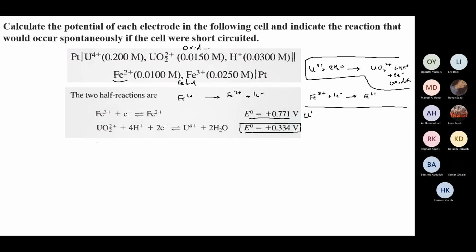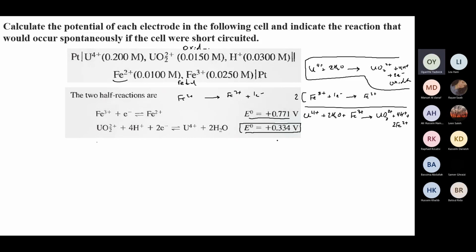So U4 plus 2H2O plus, I need to pay attention to the electrons. They must be balanced. I will multiply it by 2 to balance the electrons and remove them from the overall equation. Fe3 plus goes to UO2 2 plus, 4H plus, 2Fe2 plus. That's the overall reaction.